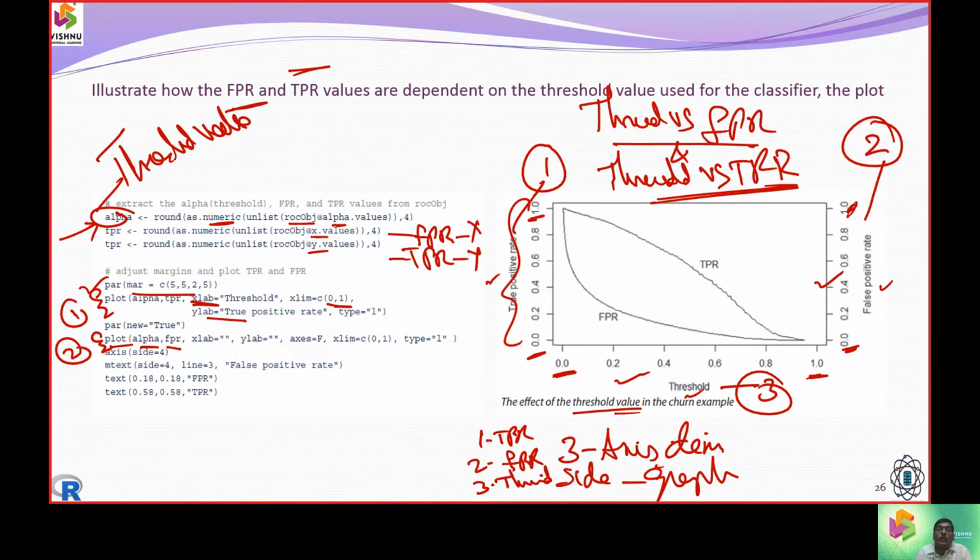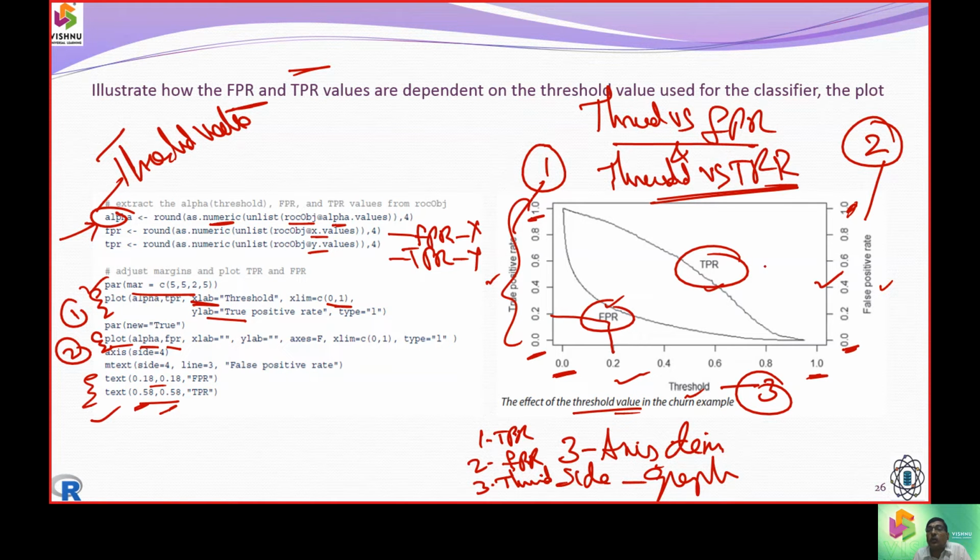Now we need to add text for FPR and for the true positive rate. For that, we give the location where they need to be displayed: at 0.58 and 0.58, and similarly at 0.18 and 0.18, the text is to be displayed.